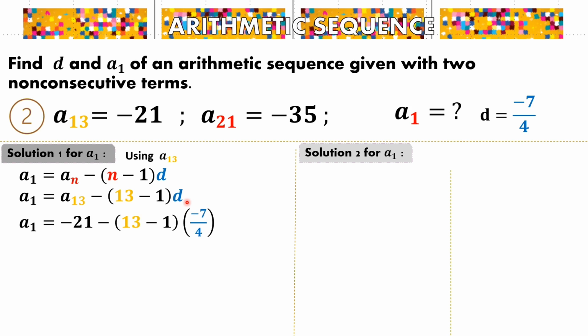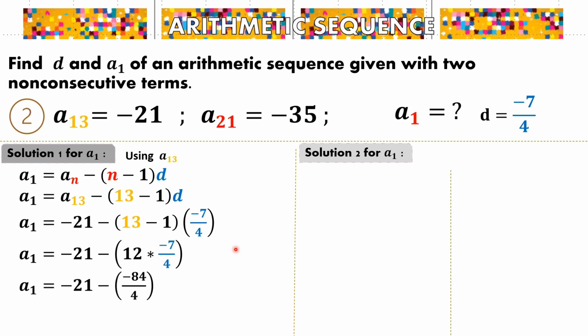So a sub 13 is negative 21 minus 13 minus 1, d is negative 7 over 4. Perform the operation. So negative 21 minus 13 minus 1 is 12 times negative 7 is negative 84 over 4.